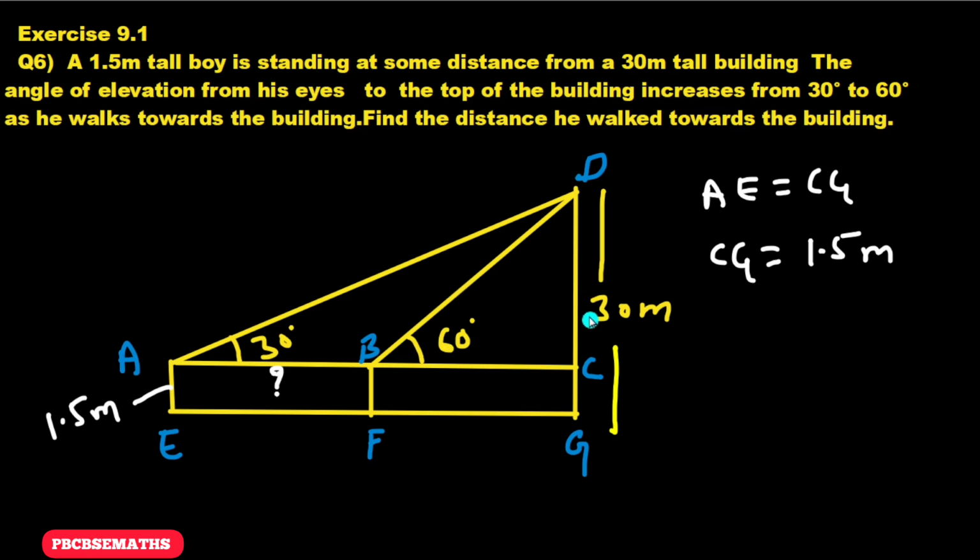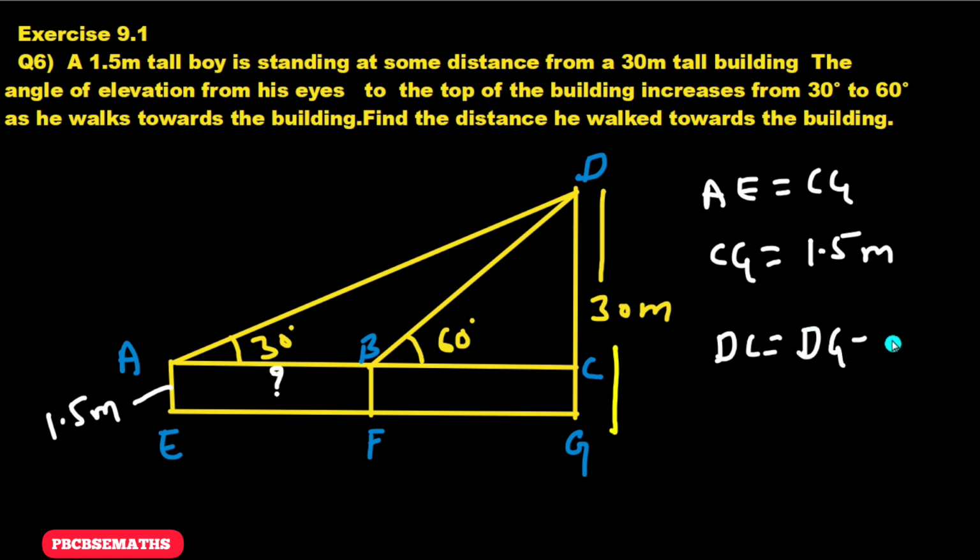So to calculate the length of AB, we should calculate the length of AC, then the length of BC. If we subtract the length of BC from the length of AC, we will have the length of AB, which is the distance traveled by that boy towards the building. So let's first calculate the length of DC. We can calculate DC by subtracting CG from DG.